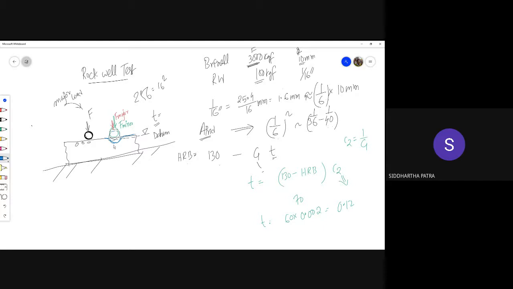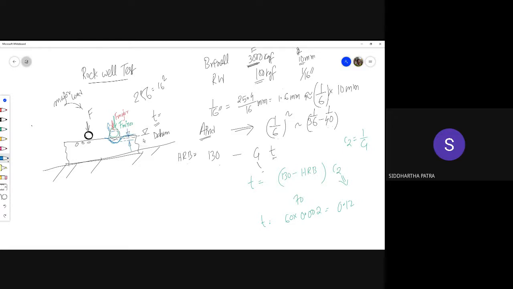What would happen? The specimen would move slightly upward, only to recover the part of the deformation that is elastic. The major part of the deformation is plastic, which would not be recovered. Once it has slightly recovered, at that stage you measure the depth of indentation.